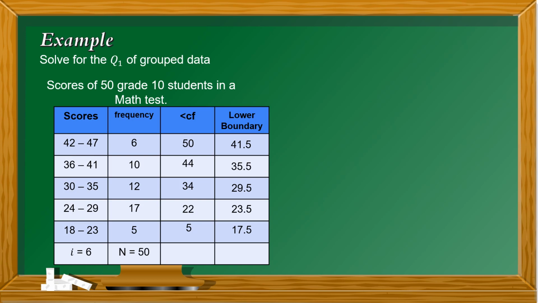Hanapin muna natin kung nasaan ang ating first quartile gamit ang formula na k times n over 4. Substitute the value of k by 1 and n by 50. 1 times 50 over 4 is equal to 12.5.